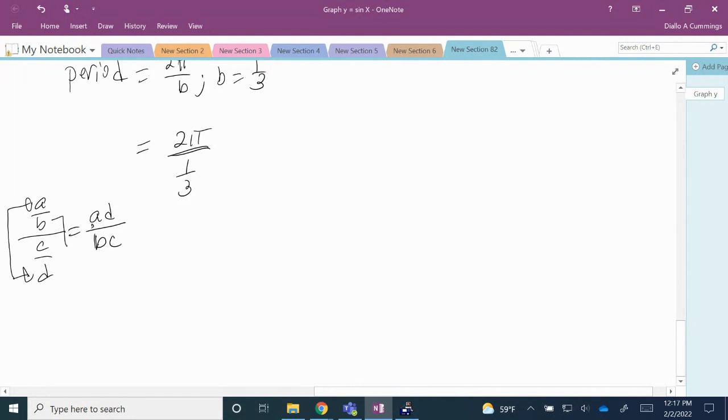Then I can multiply the bottom of the top and the top of the bottom, and that goes in the denominator. So as I look at this, I can write 2 pi, which is in the numerator, as a fraction, 2 pi divided by 1, all divided by 1/3.